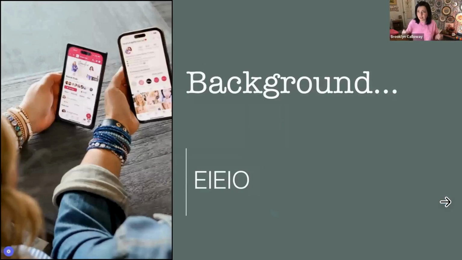So, background of EIEIO. If you've already heard this in the other three classes, then skip through this part. But basically, EIEIO were some letters that started popping up. I was highlighting and thinking about some notes I was taking at a meetup.